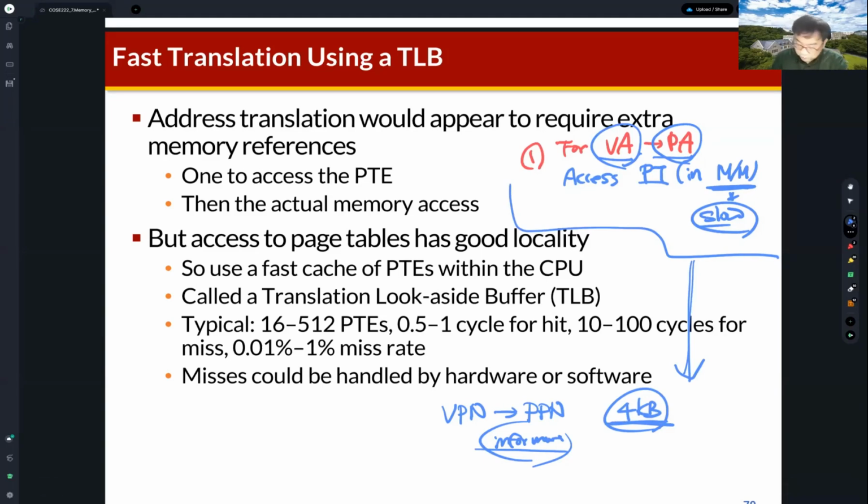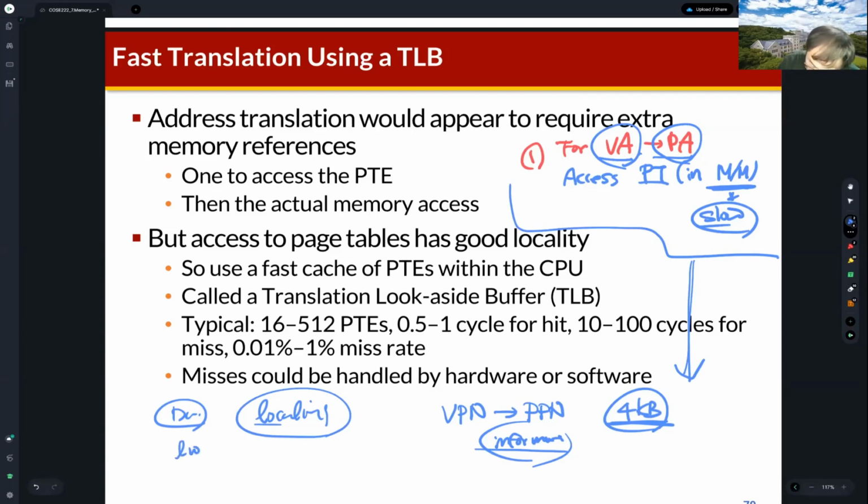And then in the first class of the memory hierarchy chapter, we learned that the data in our application exhibit locality. So what does that mean?